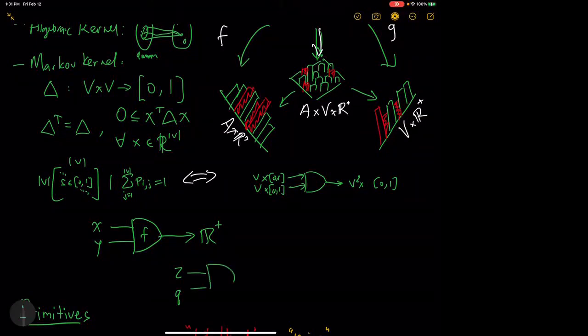And here you have numbers that are coming out. How do you compose this into a new function? This won't work.